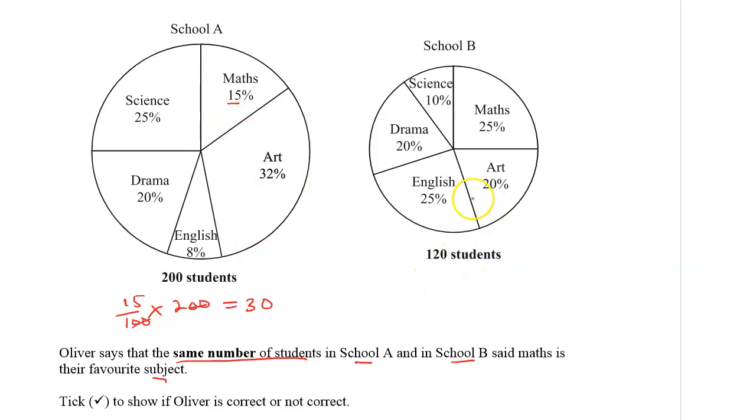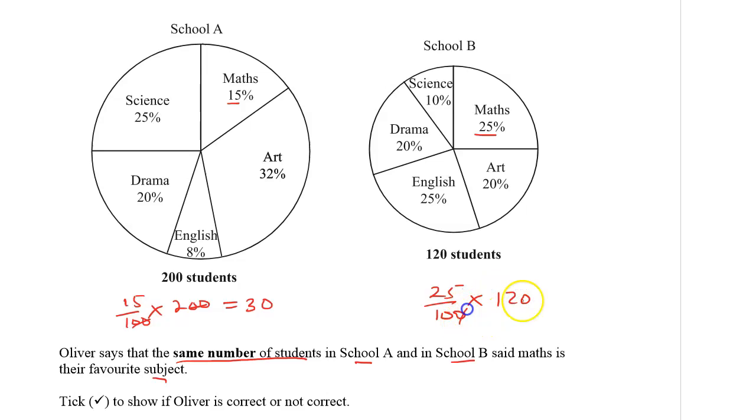What about in school B? 25% of 120, sorry, it is 25 over 100 times 120.